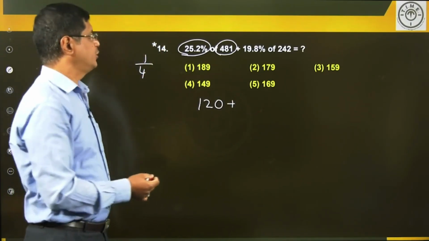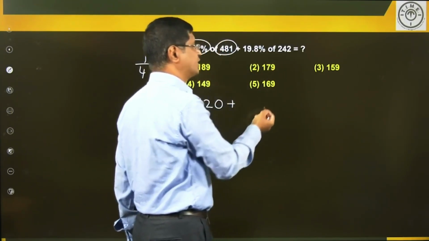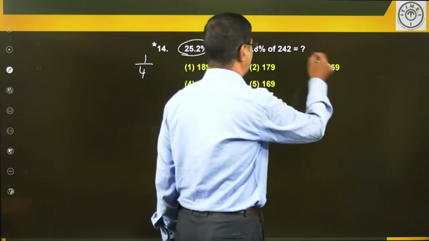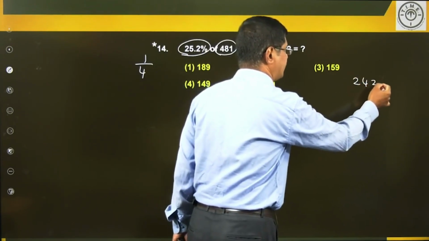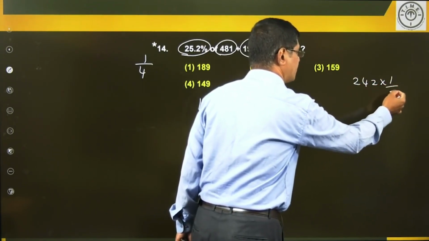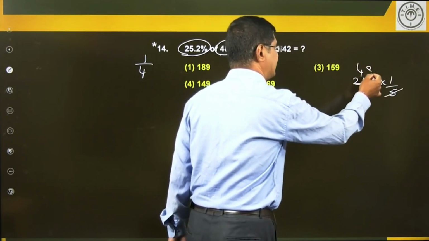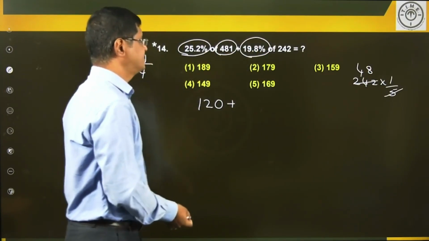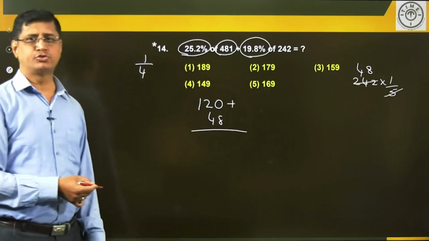20% of 242. 20% means 1/5 of the value. So 242 into 1 by 5. So what is the cancellation? 5, 4 times and 8 times. So what is the result? 48. 48 plus 120.